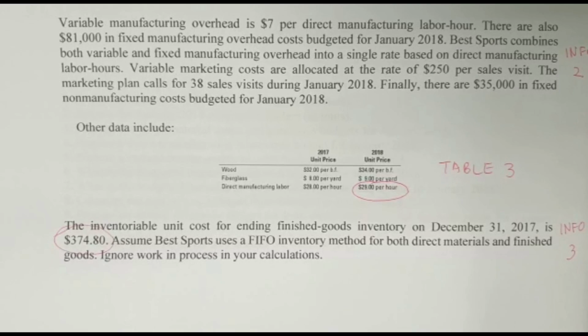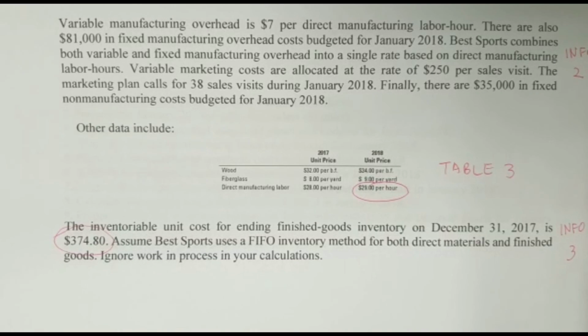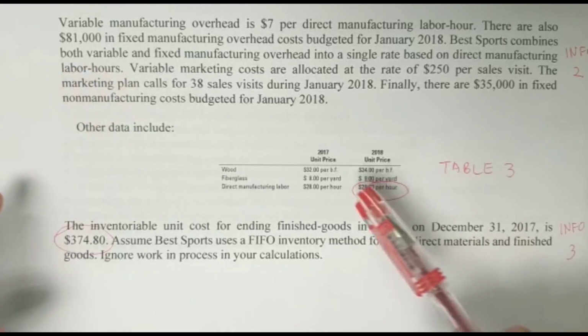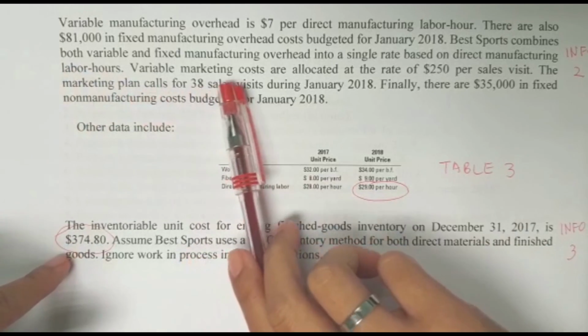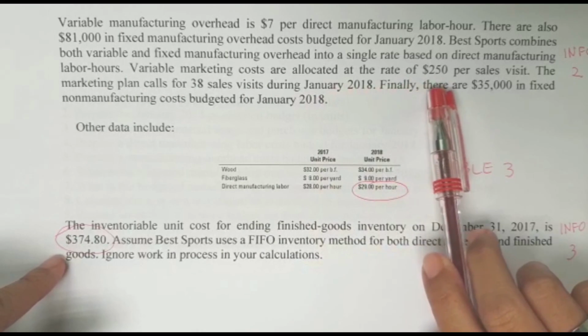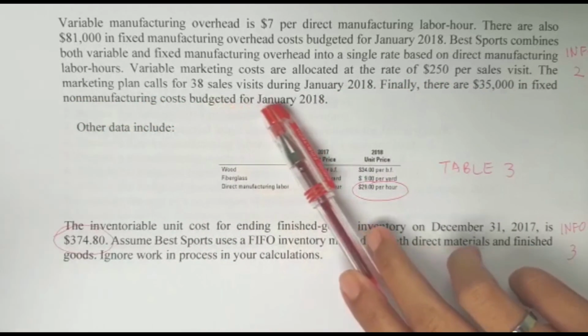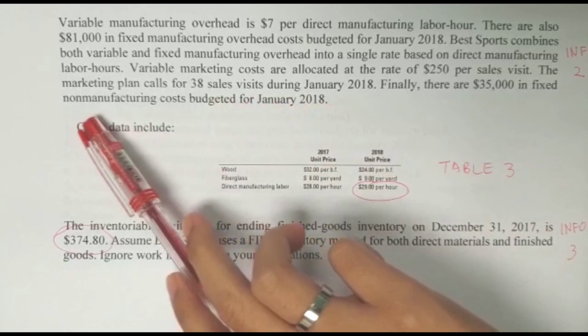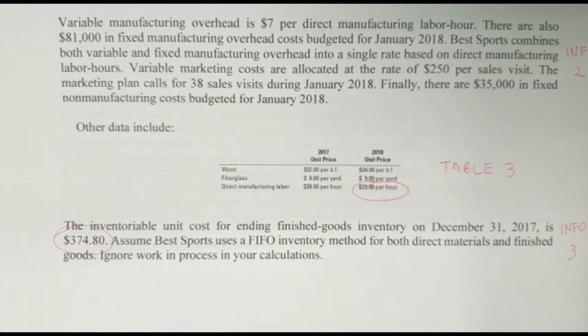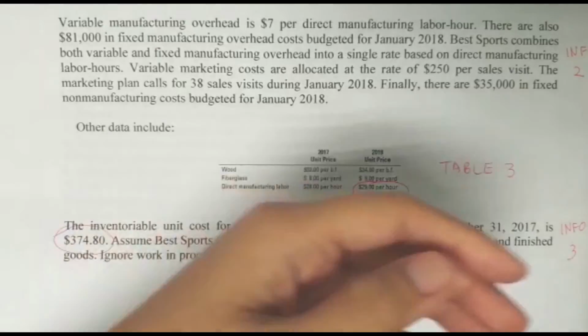Alright, kids, you might be a little bit confused because certain information here I didn't use at all in my calculation, for example the variable marketing cost, the information that the marketing plan calls for 38 sales visits, and some information about non-manufacturing costs budgeted for January 2018. You might wonder why I didn't use all of this information.